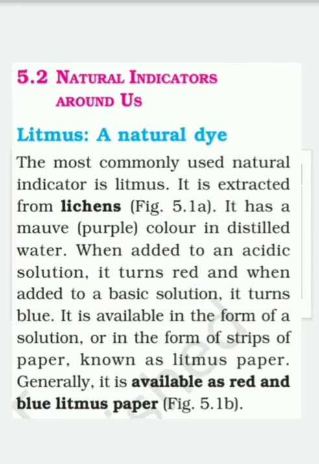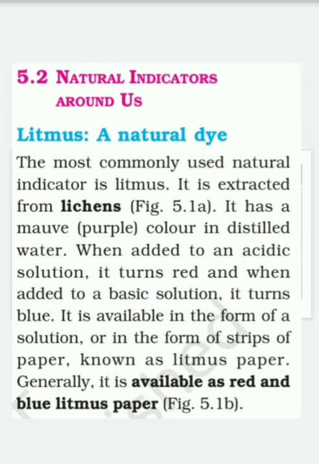The natural indicators, we already have to know, isn't it? Once again I recall. Litmus, a natural dye. The most commonly used natural indicator is litmus. It is extracted from lichens. It has a purple color in distilled water. When added to an acidic solution, it turns red, and when added to a basic solution, it turns blue.